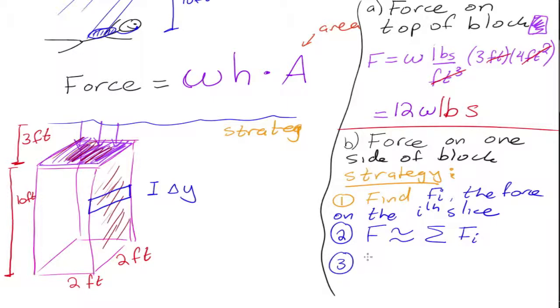And then I turn, so the force is going to equal the infinite sum, right? Which is equal to the integral of stuff. So we're going to turn the infinite sum into an integral and use the fundamental theorem of calculus.